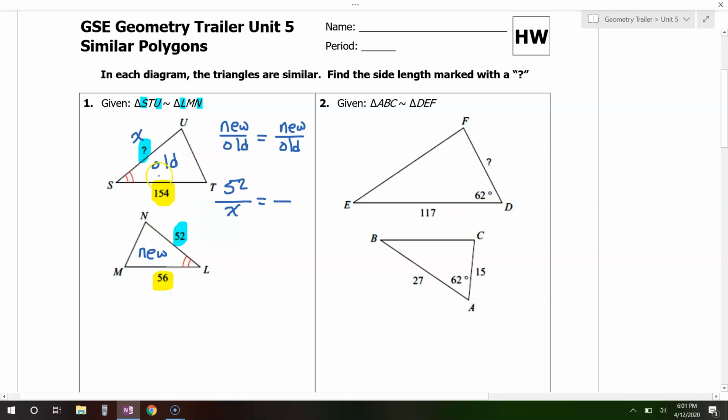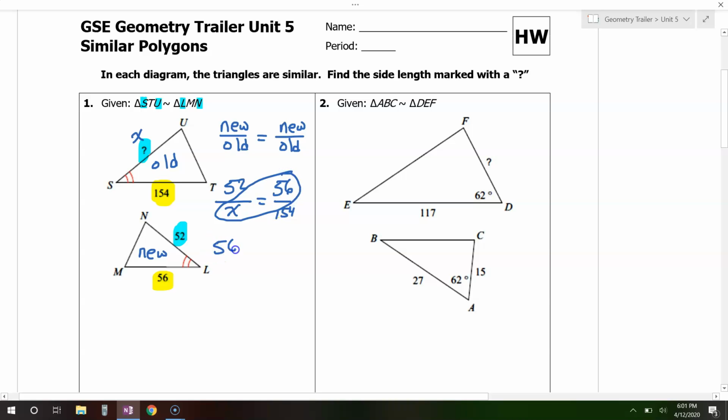Now, if I do new over old with the yellow sides, that'll be 56 over 154. So 56 over 154. All right, so new over old equals new over old. And then we can cross multiply.